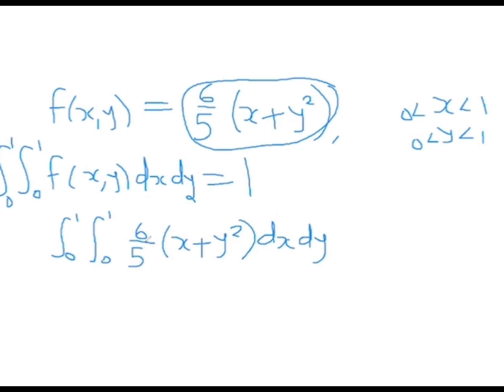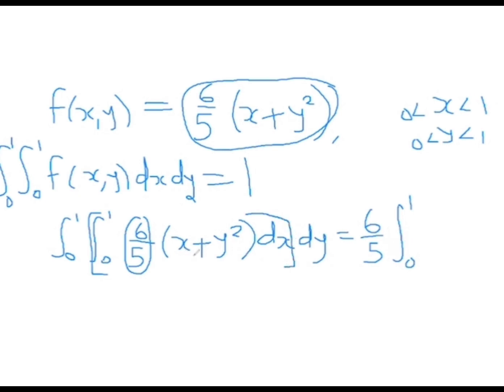So 6 over 5 is a constant, so I can bring it out. Then the integral from 0 to 1. First I want to focus on the x aspect.